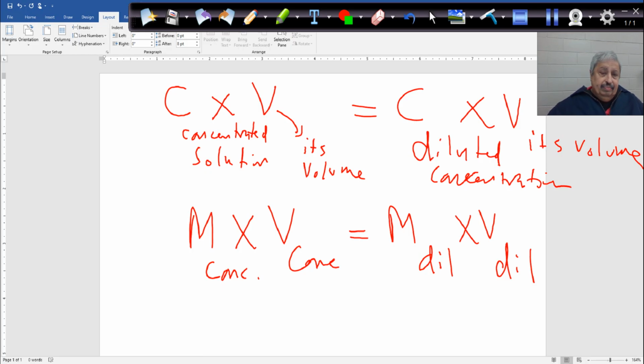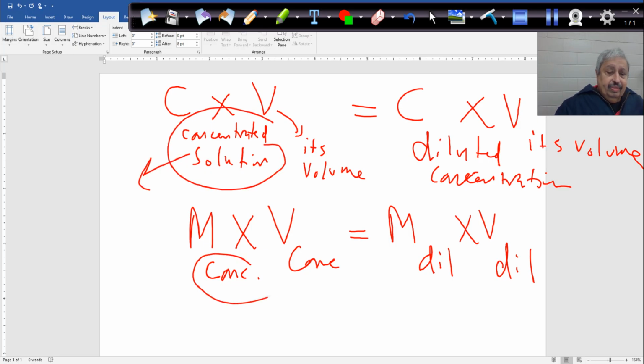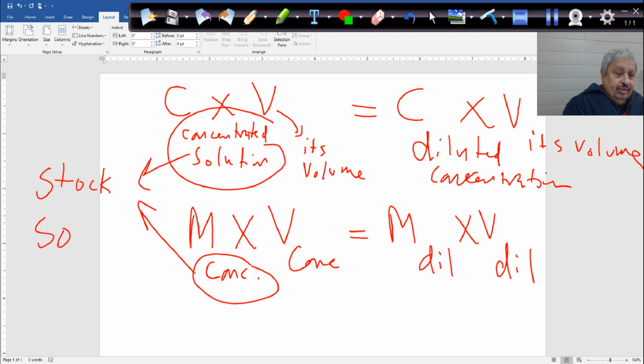So sometimes the concentrated one, not the diluted one, has a name: stock solution, pure stock solution. So it's the original one.